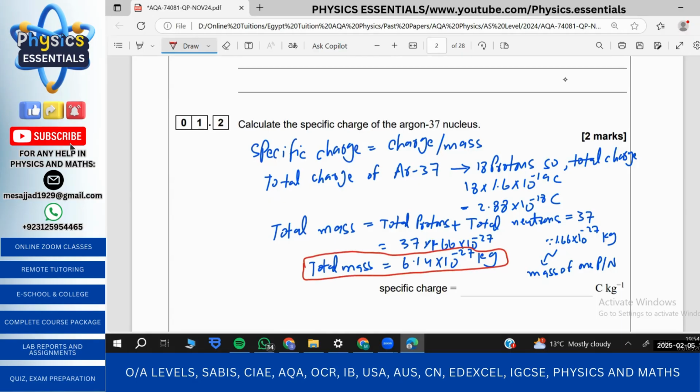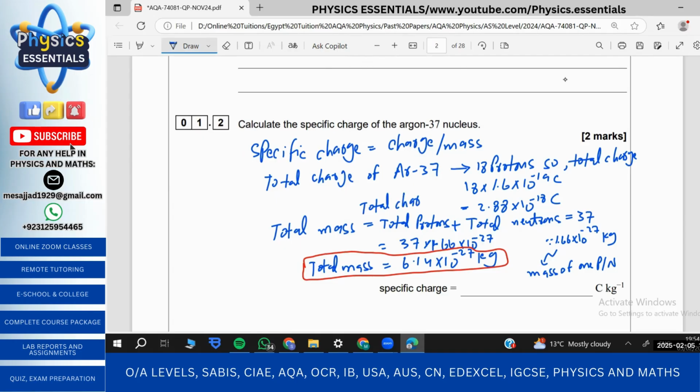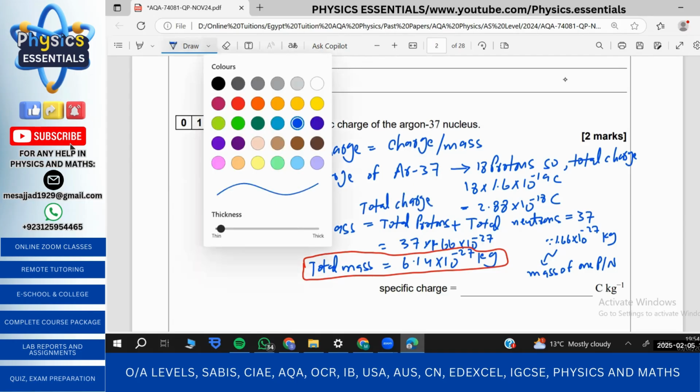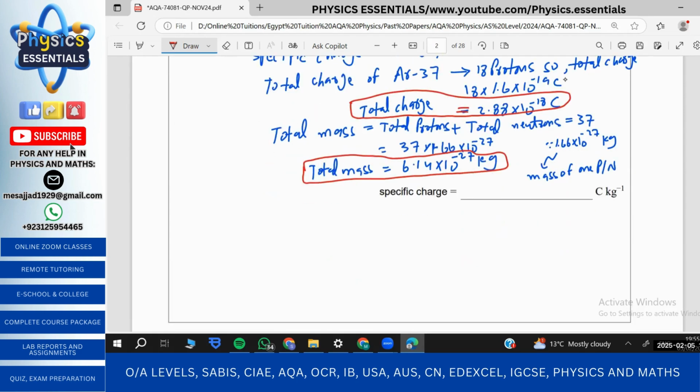And this is your total charge. All you need to do is divide these two numbers. Specific charge is total charge over total mass.